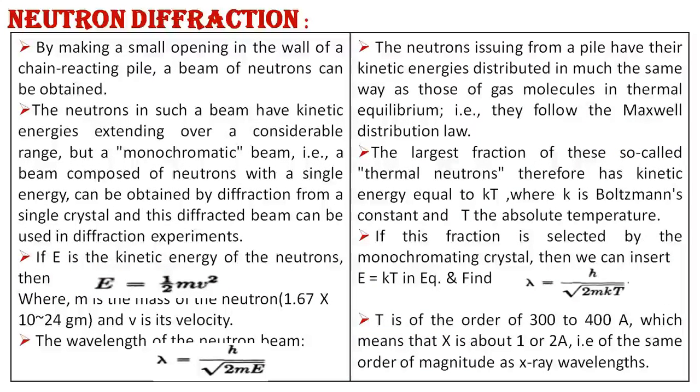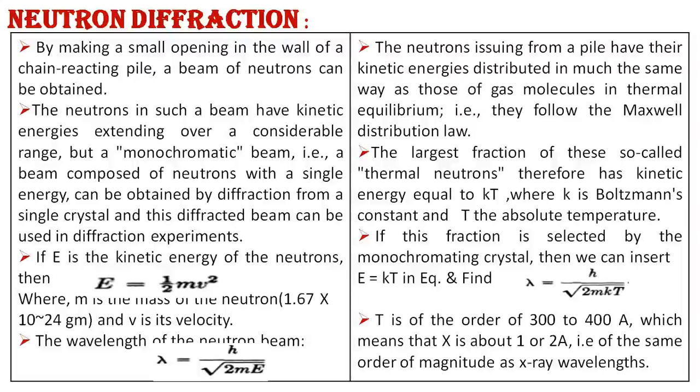The neutrons in such a beam have a kinetic energy extending over a considerable range, but a monochromatic beam, that is a beam composed of neutrons with a single energy, can be obtained by diffraction from a single crystal, and this diffracted beam can be used in diffraction experiments.